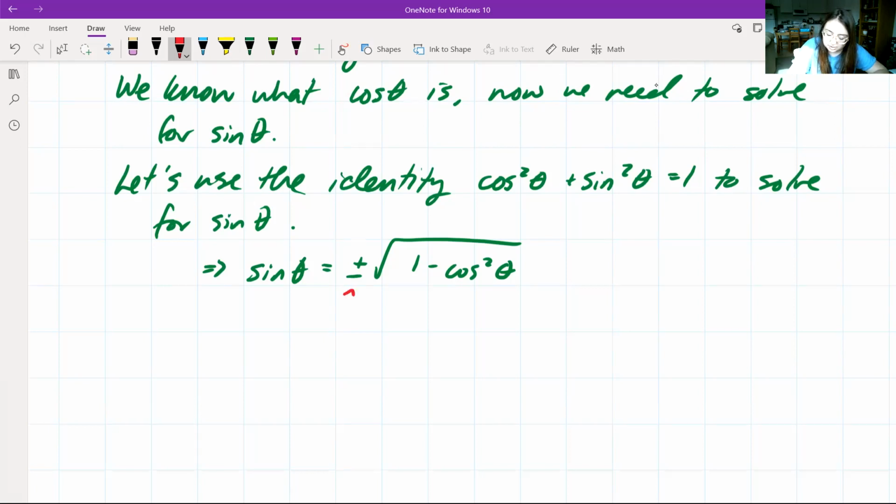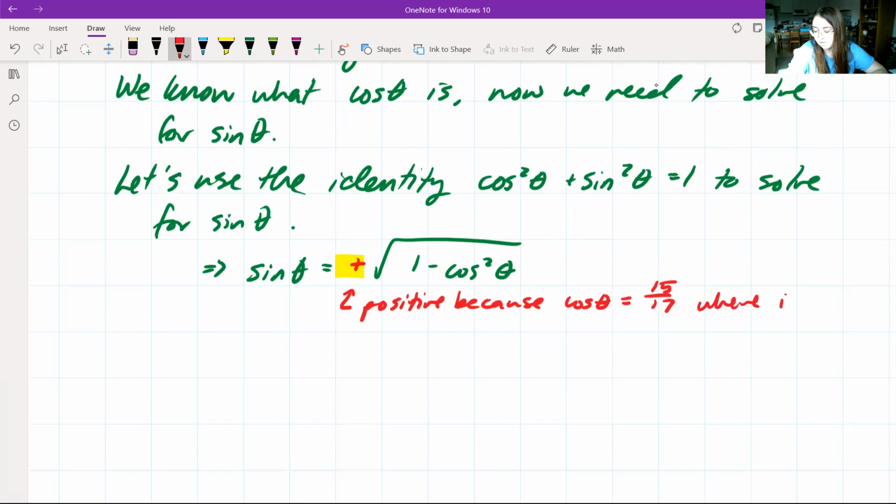So we're going to make a little note here. We're going to fix it to say positive, and highlight it, because cosine of theta is equal to 15 over 17, where theta's range has to be between 0 and pi.